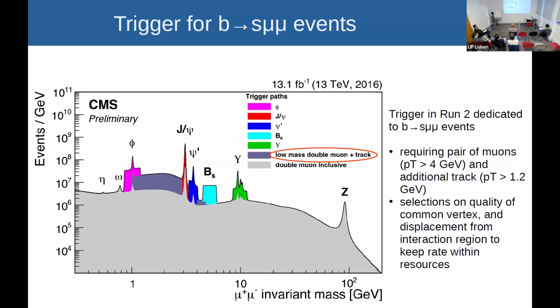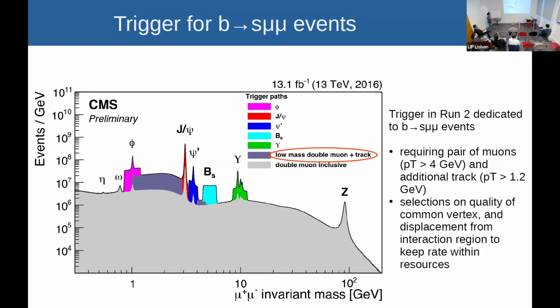We also had a specific trigger dedicated to B to S mu mu events that required a pair of muons with PT at 4 GeV and an additional track at 1.2 GeV. In order to keep the rate under control, it was producing a common vertex between the three objects and applying quality criteria and displacement from the interaction region.